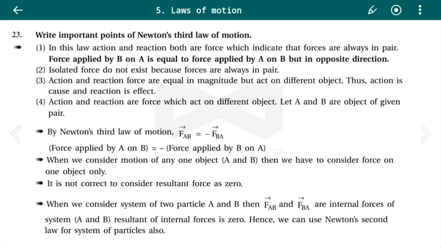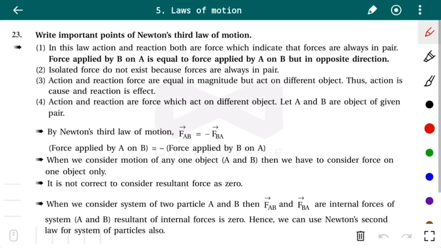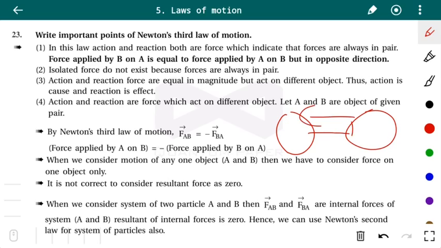Third, action and reaction forces are equal in magnitude but act on different objects. Thus, action is cause and reaction is effect. As we already said, if we take a ball A and it hits ball B, then ball B will apply force on A but in the opposite direction.